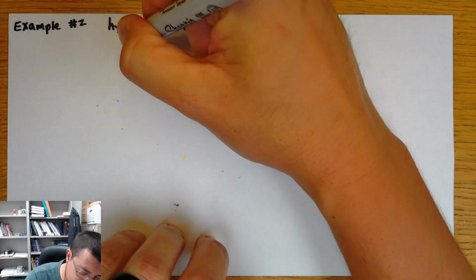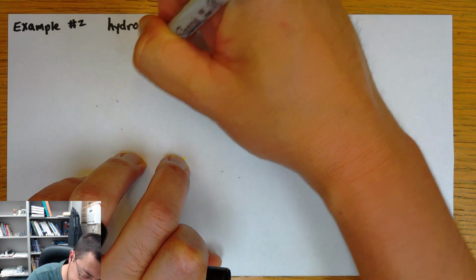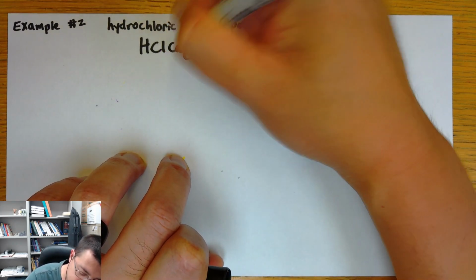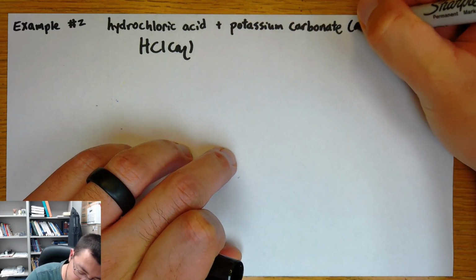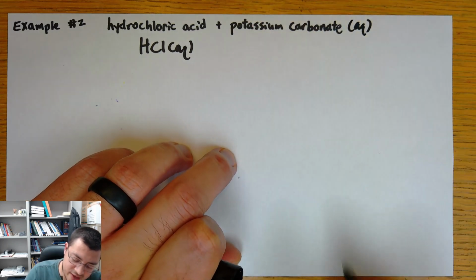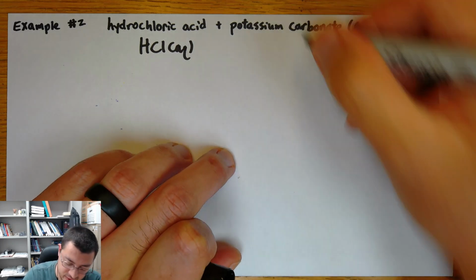All right, so hydrochloric acid, HCl aqueous, and then potassium carbonate, K2CO3 aqueous. I intended to write aq there.